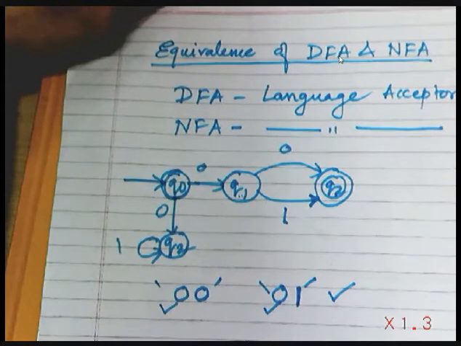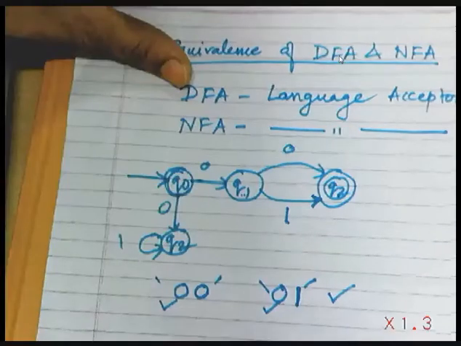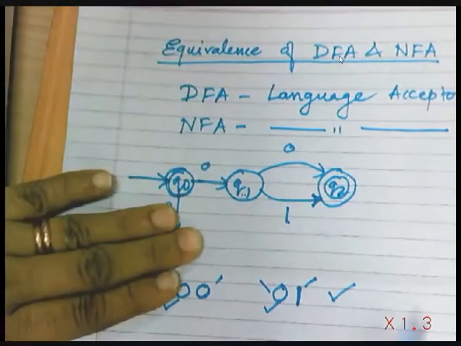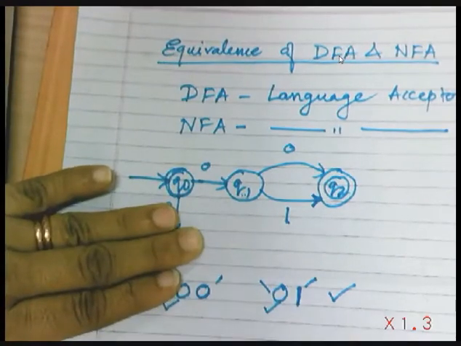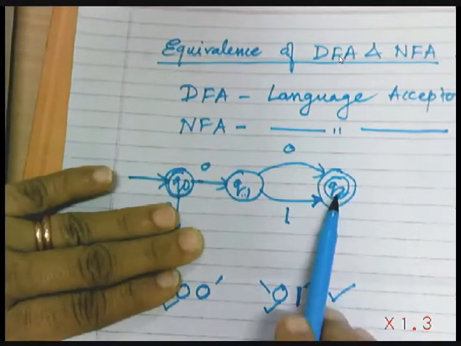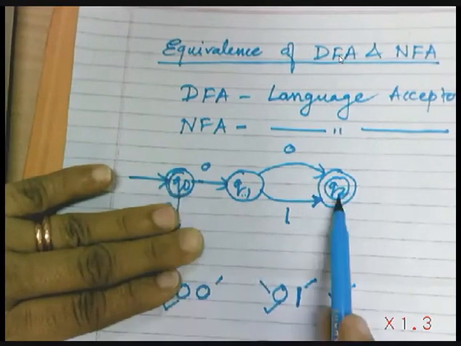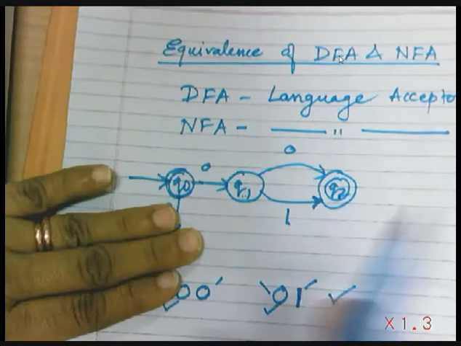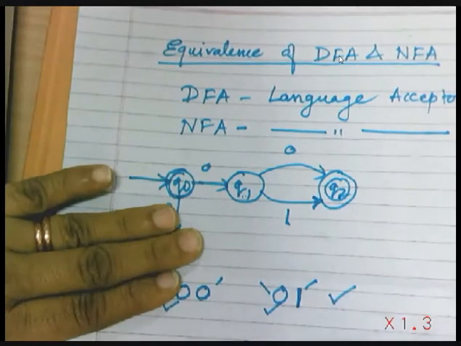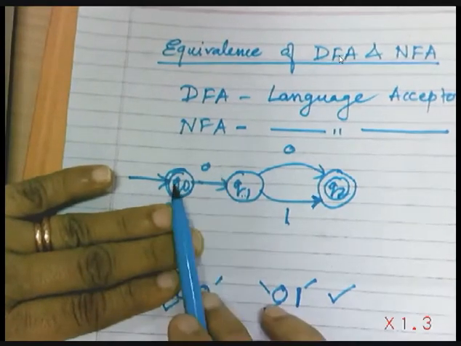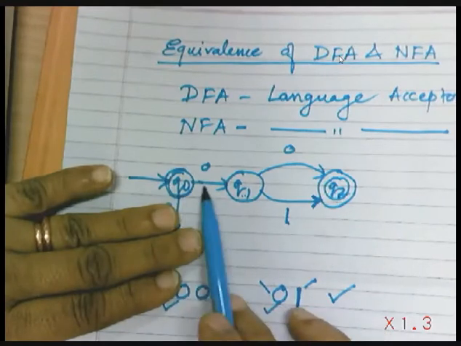To show acceptance, you must reach the final state. We only consider those paths which move from the initial state to a final state. No other path is useful, right? Here we can reach Q2 from Q0 through this path.